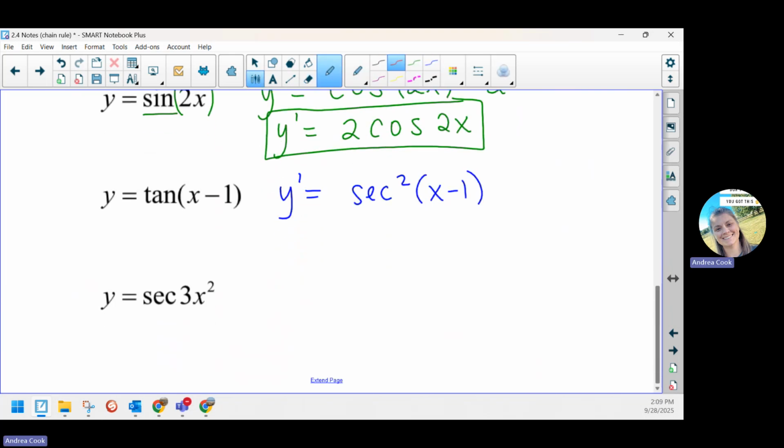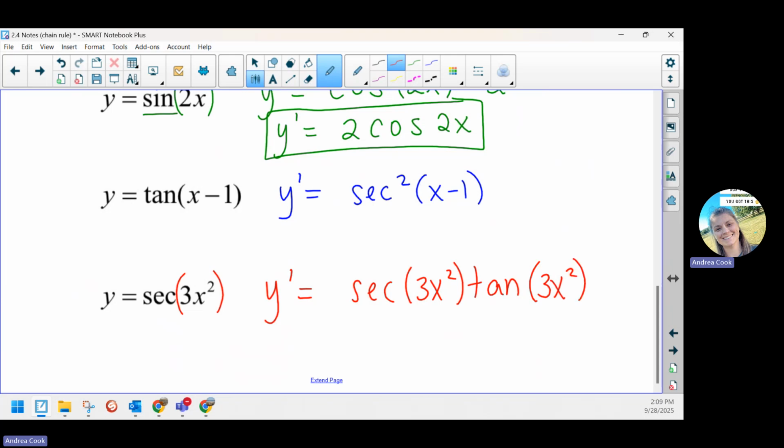Okay, the next one, so this is like in parentheses like that. So if we want to find the derivative of secant, the derivative of secant is secant, keep the angle, tangent, keep the angle, times the derivative of this, 3x squared. So the derivative of 3x squared, bring that 2 down and subtract 1, would give 6x, and I'm going to write it in front.